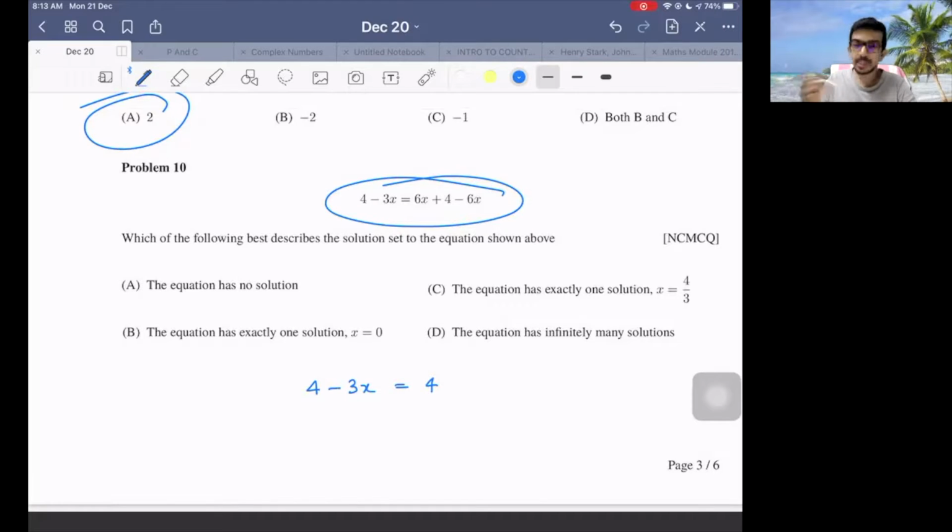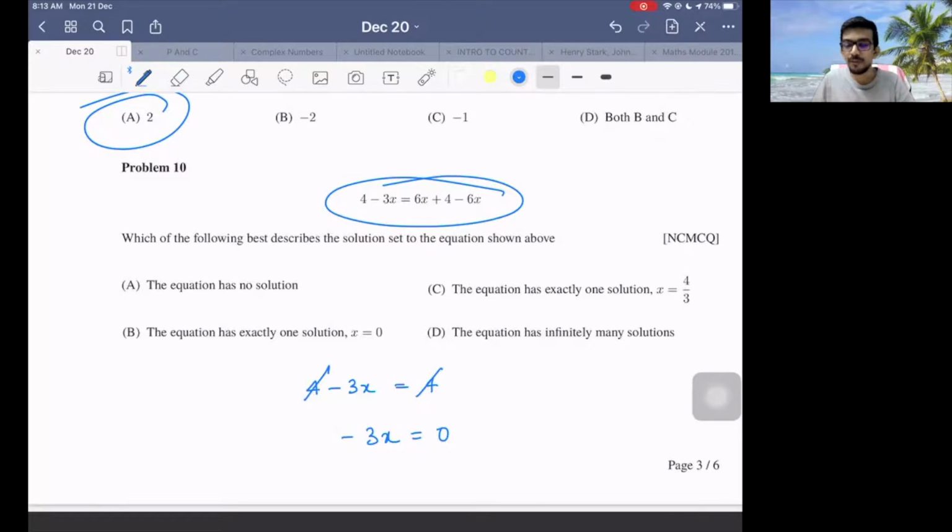Again, on both LHS and RHS, you can cancel 4 on both sides. So we are left with minus 3x is equal to 0. You understand me, right? You cancel off 6x and minus 6x on RHS. That goes away. Now you have 4 minus 3x is equal to 4.